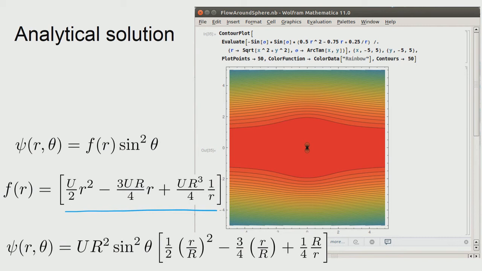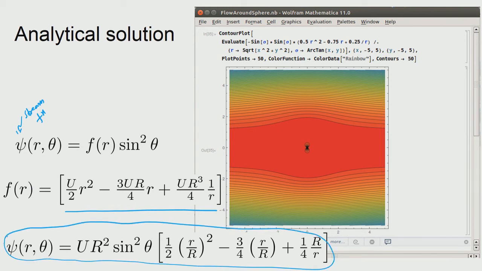So, solution is available to us, and the psi, the stream function, is f of r into sin square theta. F of r is already available to us. So, we now have the entire psi form that is available here. Okay. Now, we already know that contours of stream function show how the flow takes place.